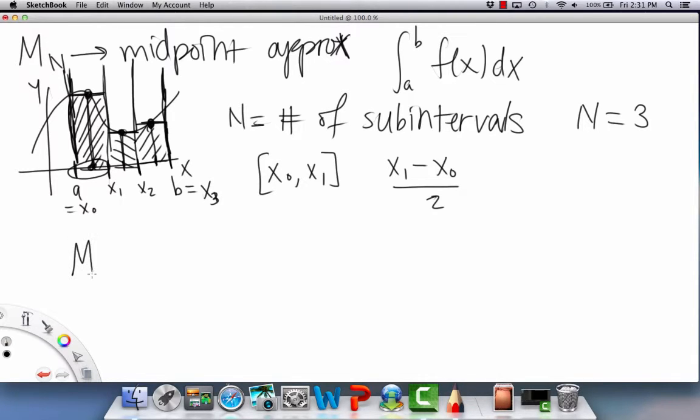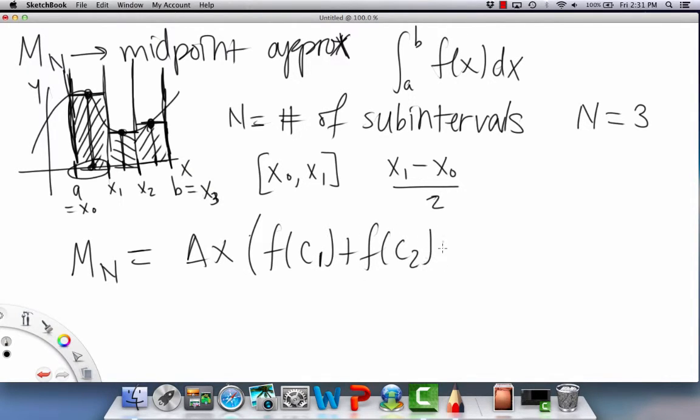So our value of MN is actually going to be, here's our formula. We have a delta x, which is the width of our rectangles. These are all uniform, right? Because they're all going to be delta x. And then we have f of C1 plus f of C2 plus ... up until f of CN.